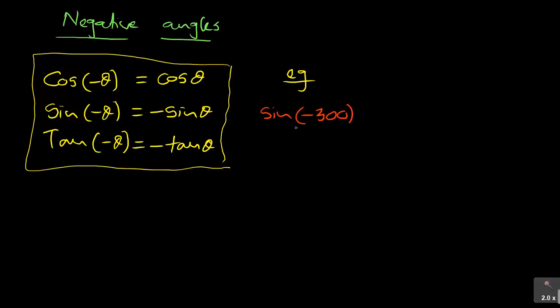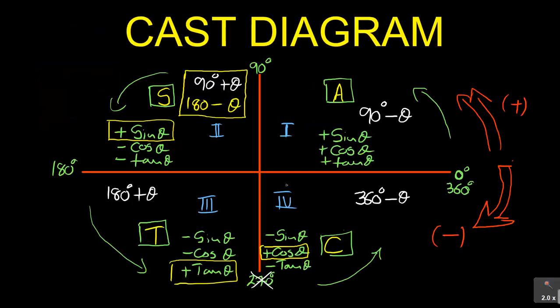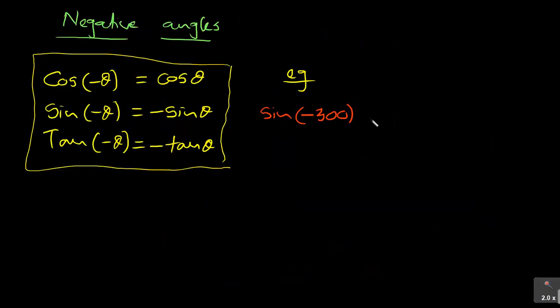The first thing you have to identify is that negative sign, and ask yourself which quadrant it represents. You remind yourself that the negative sign means I'm landing in the fourth quadrant, and in the fourth quadrant sine is negative. So when you reduce this, it will become negative sine theta, from sine negative theta to negative sine theta. But our theta in this case is what? It is 300.